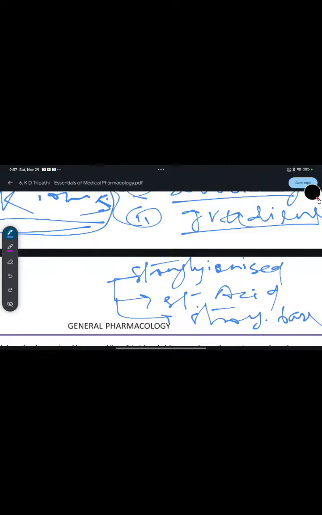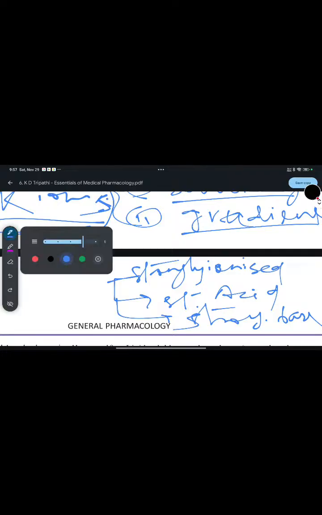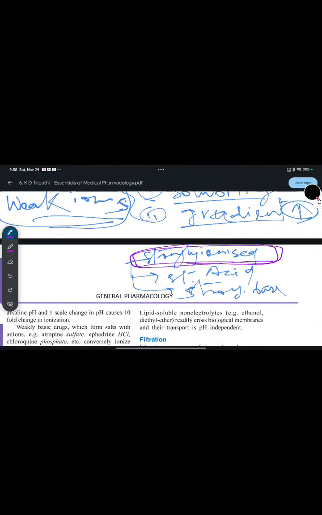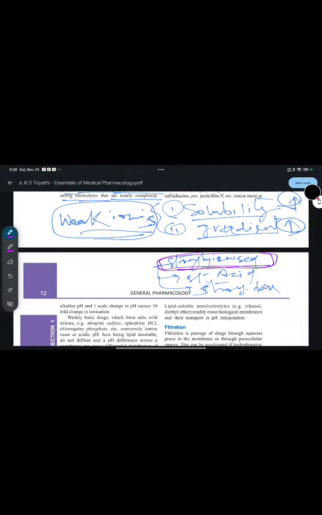So remember one thing, strong acid and strong base are ionized completely, whereas weak acids or weak bases do not ionize completely. They ionize partially. So partial ionization will lead to the production of conjugate acid or conjugate base.